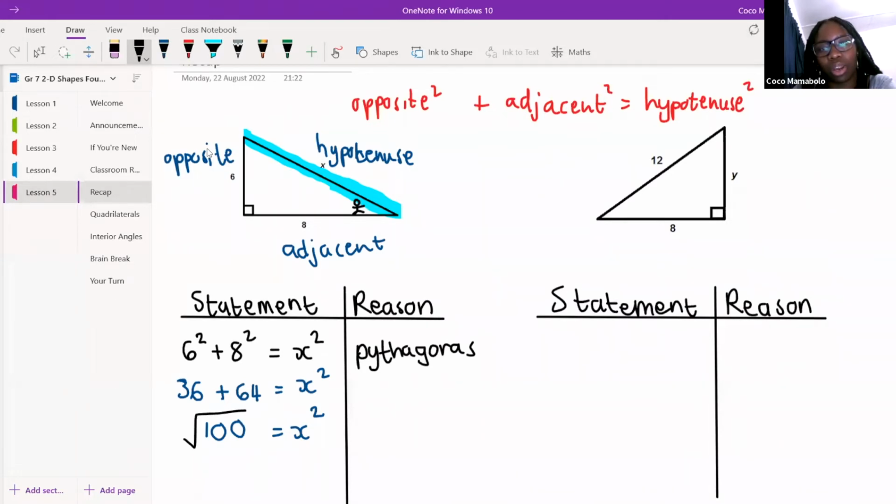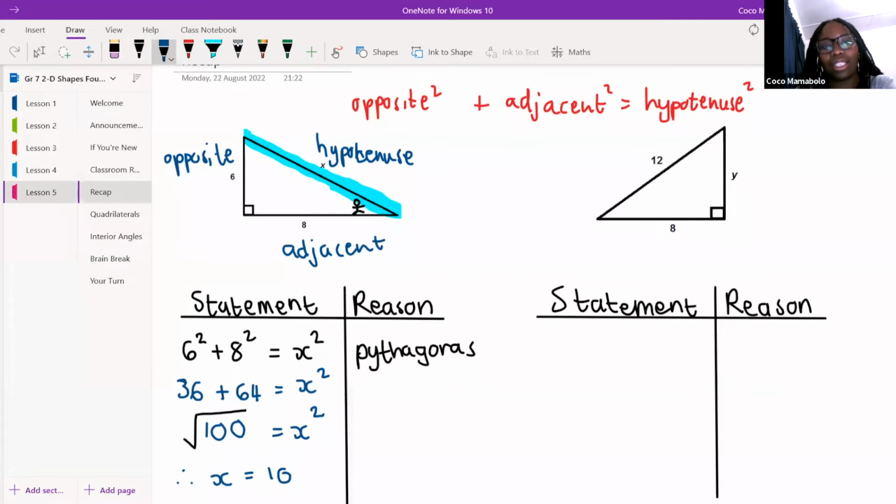What is the square root of 100? Thank you, Tabang, Nelisa, Smita and Jody. Excellent. So then I can say, therefore, x is equal to the square root of 100, which is 10.